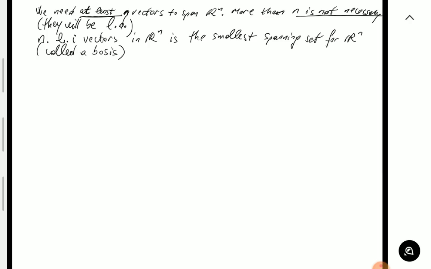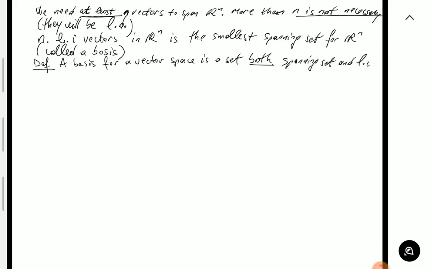So in general, as a definition, a basis for a vector space is a set which is both a spanning set and linearly independent. So basically, we know that in R3 we're going to need three linearly independent vectors to form a basis.